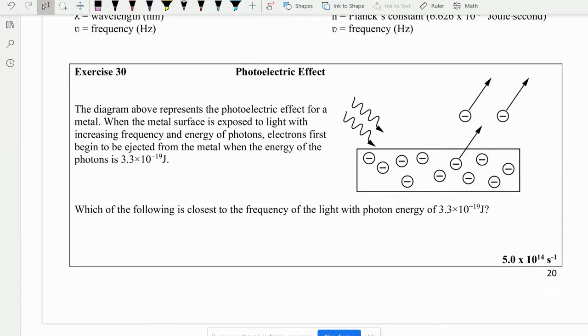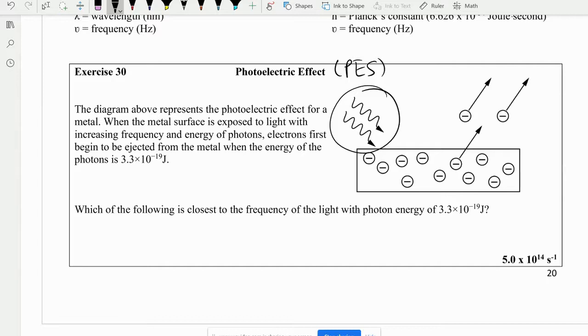Okay, let's talk about something called the photoelectric effect, and this is in exercise 30. We learned about this briefly when we studied photoelectron spectroscopy. That's basically when we took a light source, a source of some sort that emits some type of energy, some type of electromagnetic radiation, if you will.